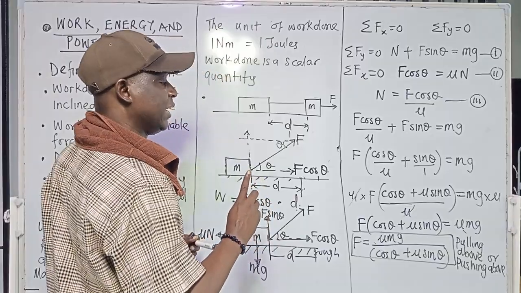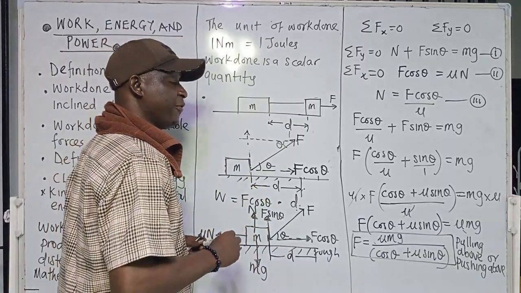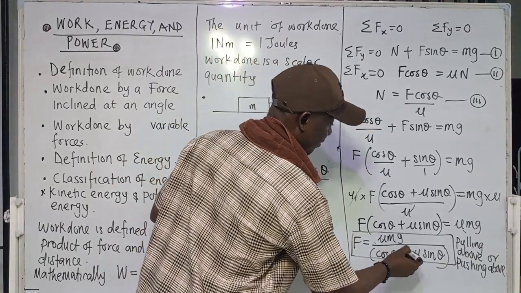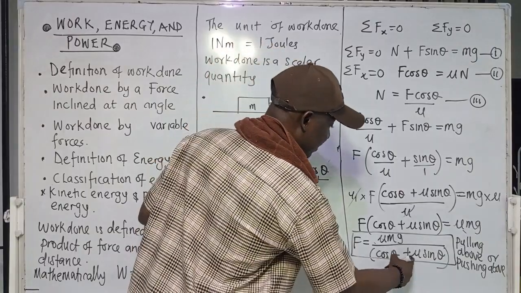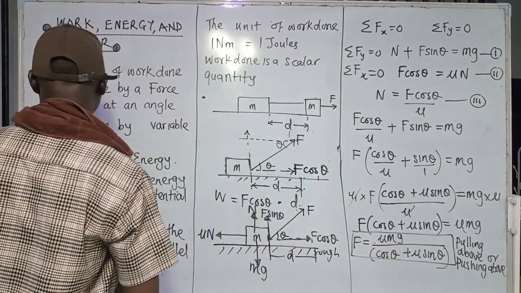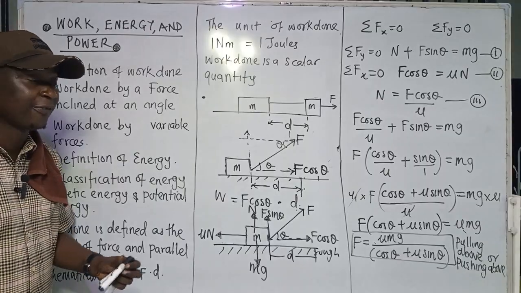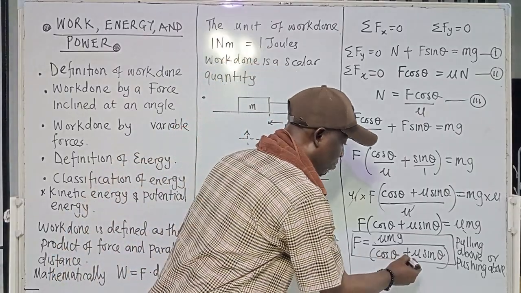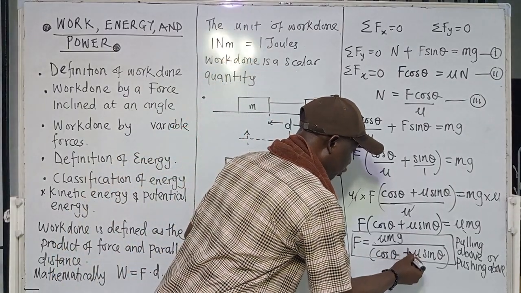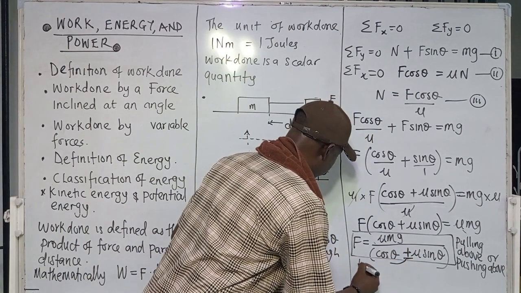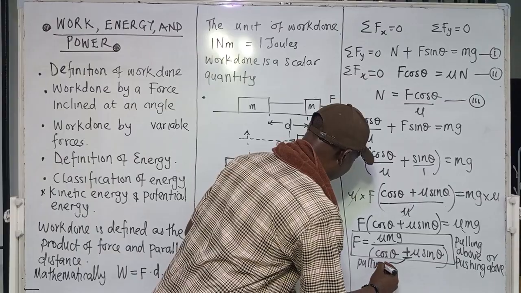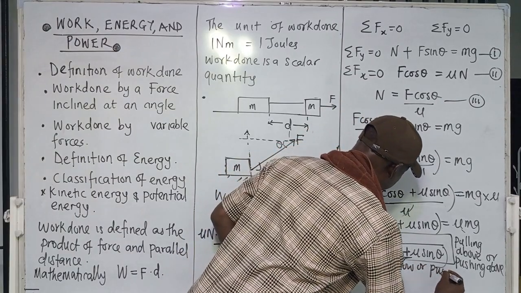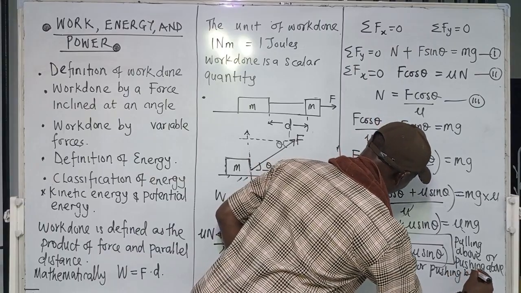Now let me give you a shortcut. If you are solving for pulling below or pushing below, use the minus sign. So the force used to calculate for pulling below, use minus sign, or pushing below.